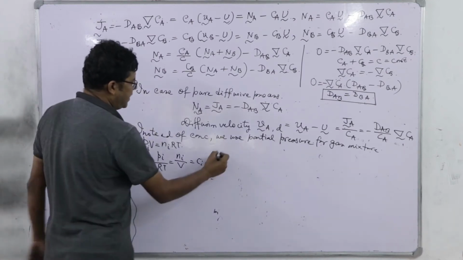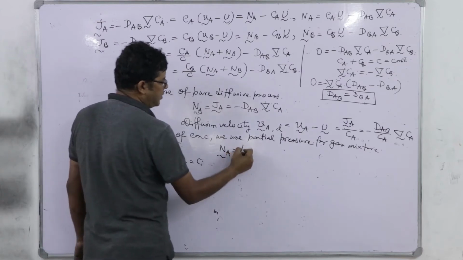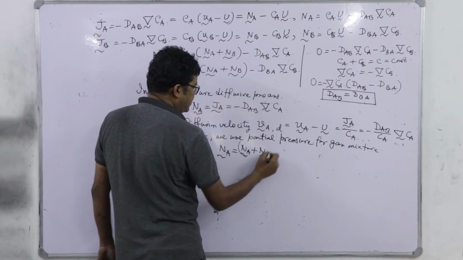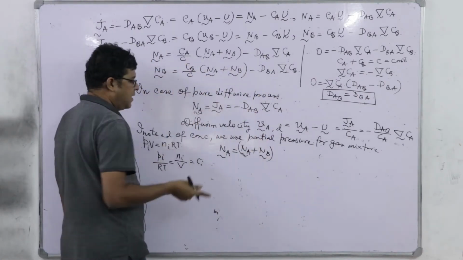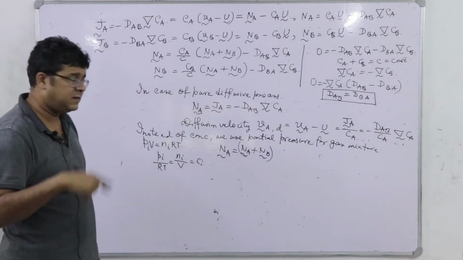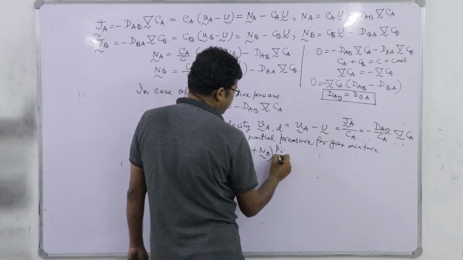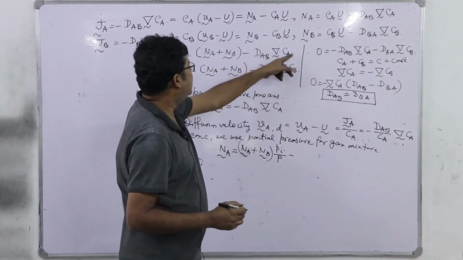So, if I replace this, I will get Na is equal to Na plus Nb. Next it was Pa by Ca by C. So, Ca is proportional to Pa, C is proportional to the total pressure according to this equation. So, we can write it Pi divided by P minus dAB into grad of CA.